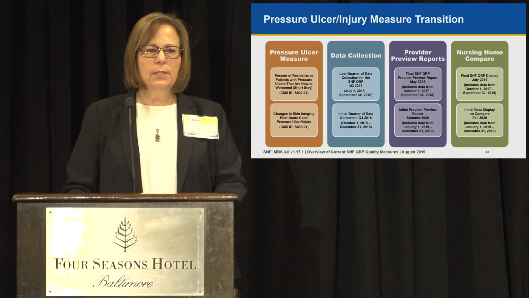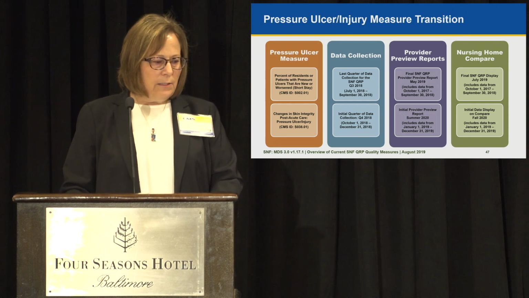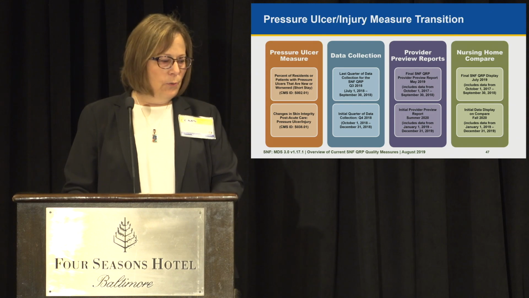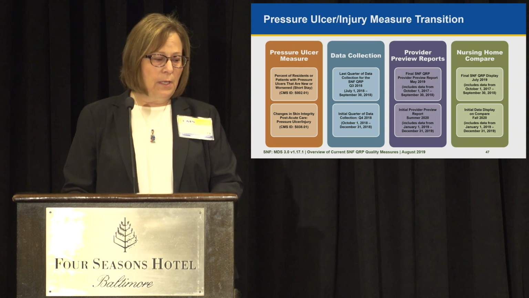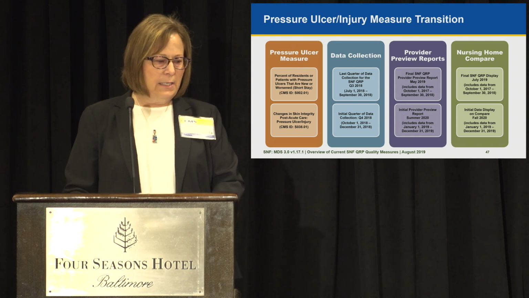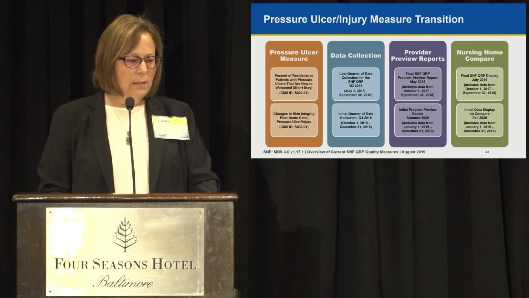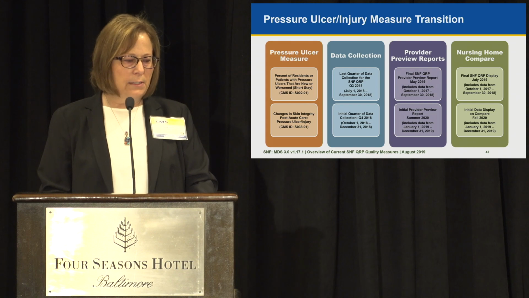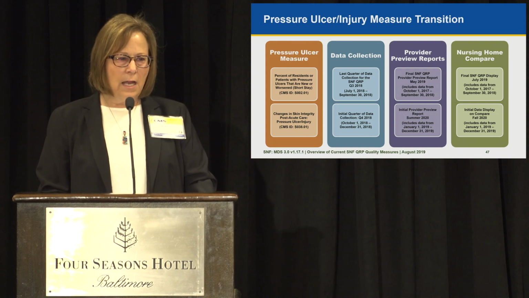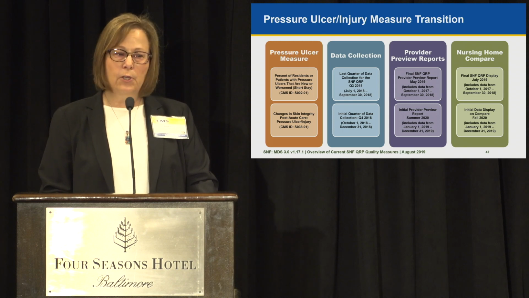So let's take a look at the pressure ulcer injury measure transition. The percent of residents or patients with pressure ulcers new or worsened, the last quarter of data collection for the SNF QRP was Q3 of 2018, which was July through September of 2018. The last time it appeared on your provider preview reports was May of 2019, and the last time it appeared on your Nursing Home Compare for the QRP was July of 2019.